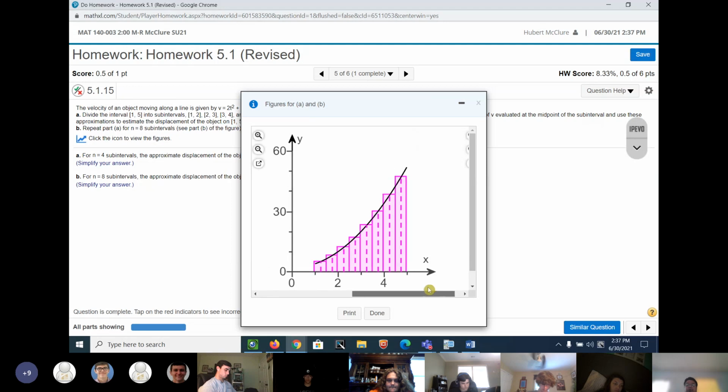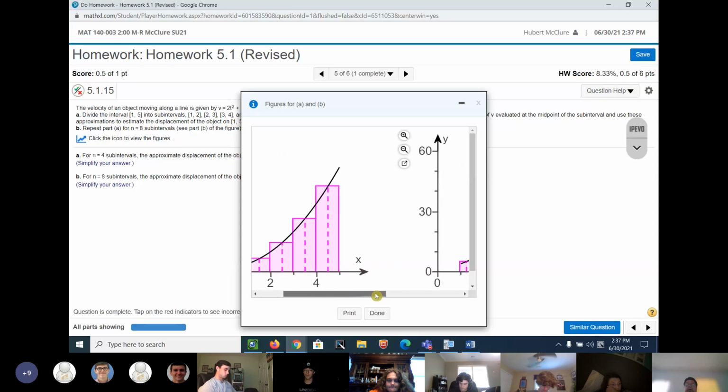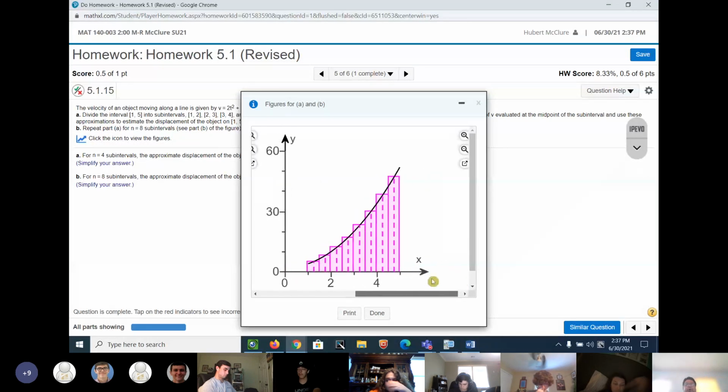Look at the picture. What happens when you go from 4 rectangles to 8 rectangles? Your error triangles get smaller, decreasing. Yes, your error is decreasing. Therefore, your number is more accurate.